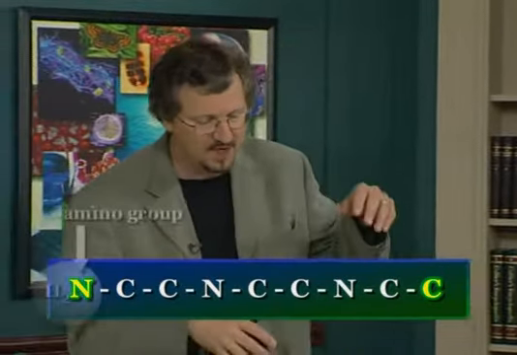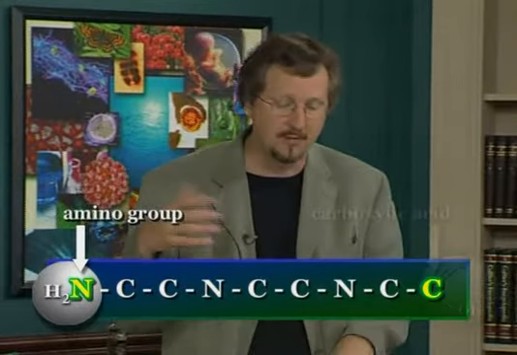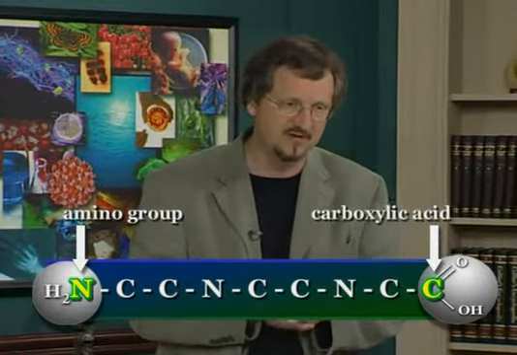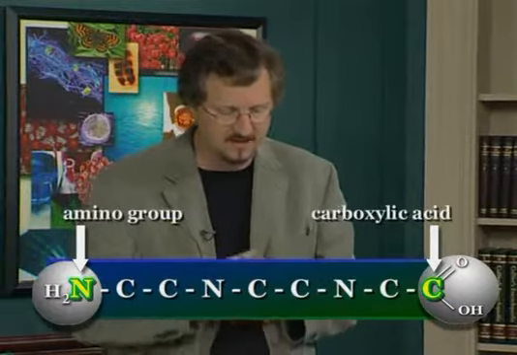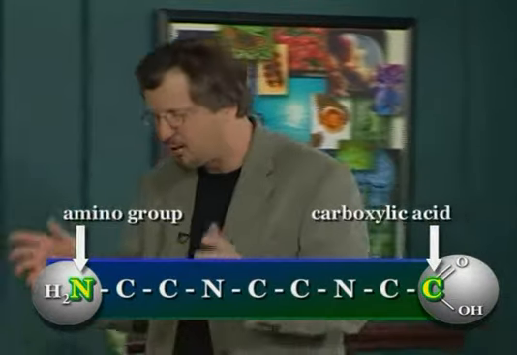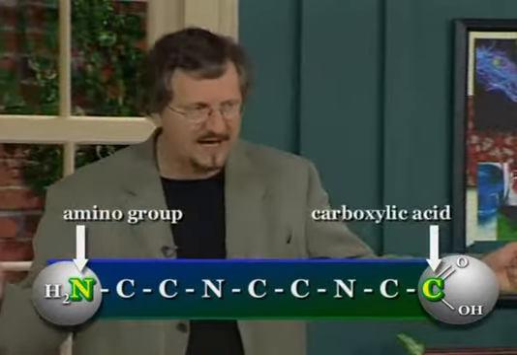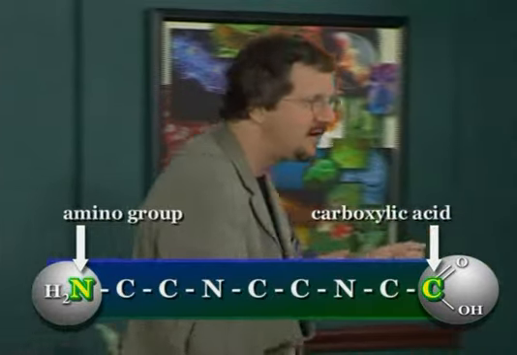I should have said that there's going to be an open amino group on one end and an open carboxylic acid on the other end. So an N on one end, a C on the other. So there's an inherent polarity to the string of amino acids. This polarity will become important later on when we learn how DNA can actually form a code for this string of amino acids because it determines which direction the code has to run in.